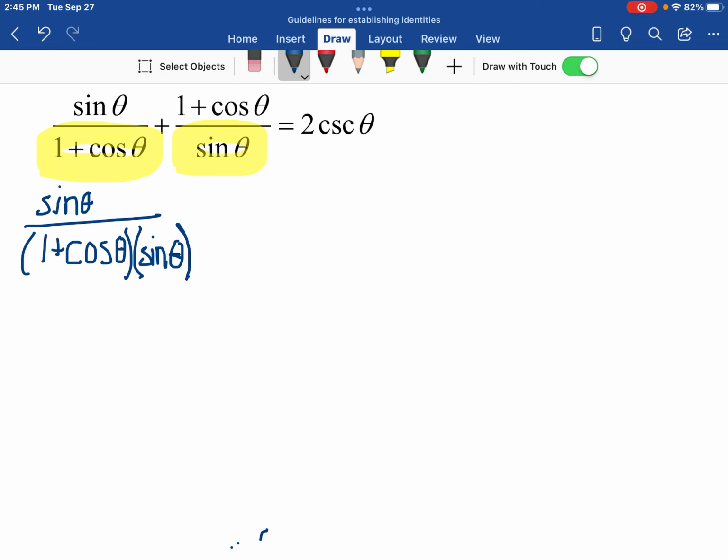And because I multiplied the denominator by sine theta, I've also got to multiply the numerator by that.